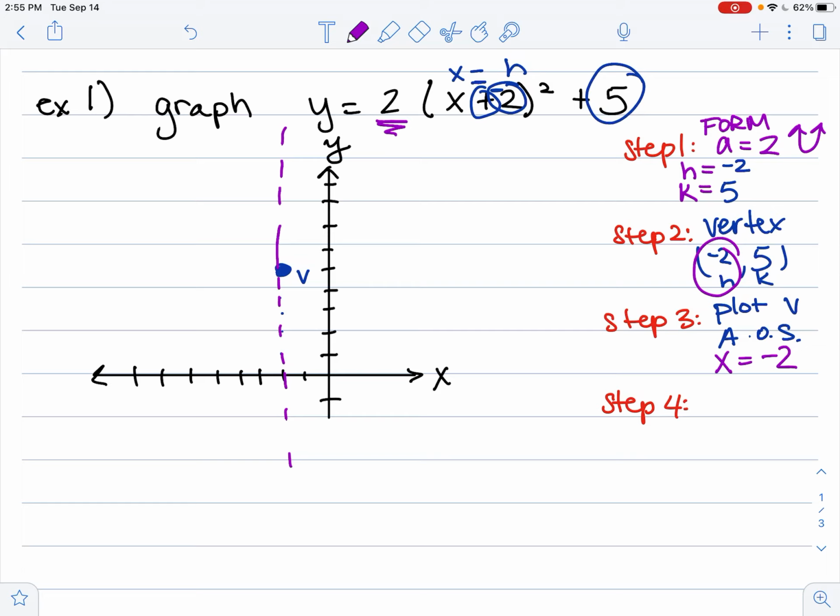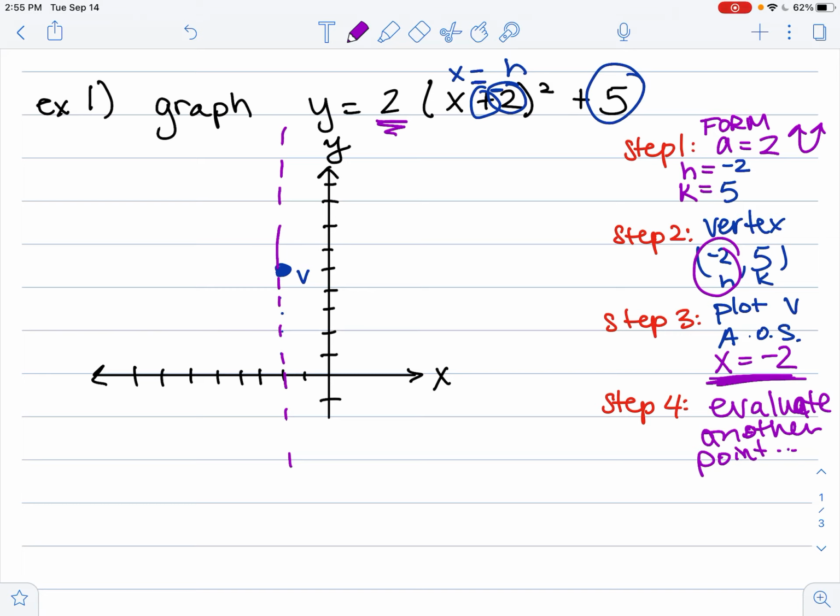Here, we don't necessarily have the y-intercept from a value of c. So we're just going to plug in any value that isn't x equals negative 2 to find another point. You can choose.